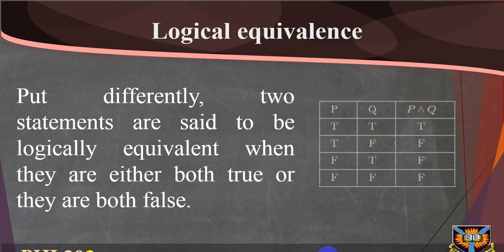True, true, true, truth, false, true, true, false, truth. True, false, false, false, false, true, true, true, false. False, true, true, false, true, false, false, false, true. False, true, false, true, true, false, true, true, false. The two statements are not logically equivalent.